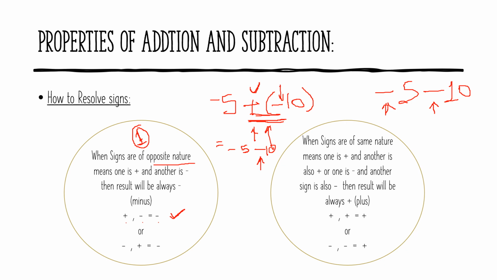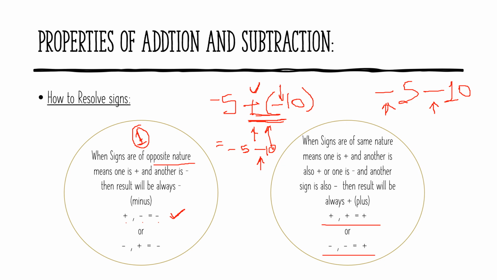Then we come to the other rule where signs are of the same nature. It can be two kinds of signs together: plus plus or minus minus. When it is plus plus, as you can see here, then the result will be plus, or if it is minus minus, then also the result will be plus.